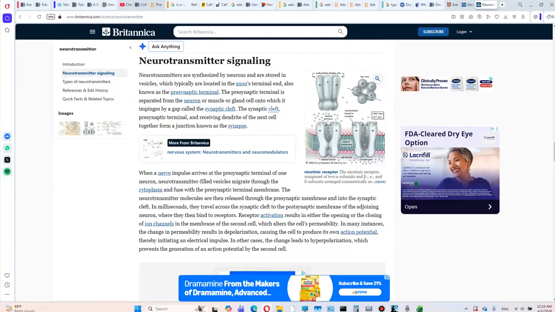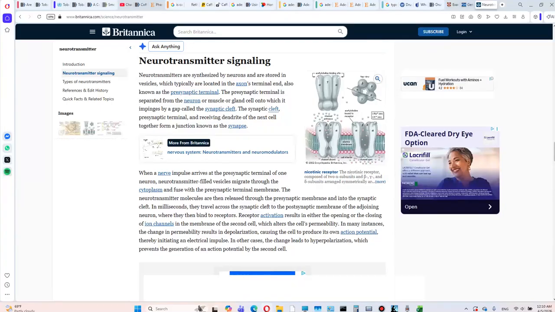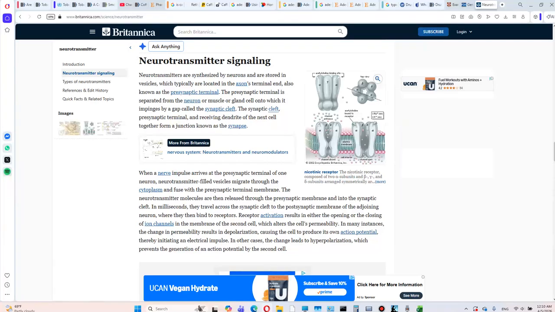In milliseconds, they travel across the synaptic cleft to the postsynaptic membrane of the adjoining neuron, where they then bind to receptors. Receptor activation results in either the opening or closing of ion channels in the membrane of the second cell, which alters the cell's permeability.